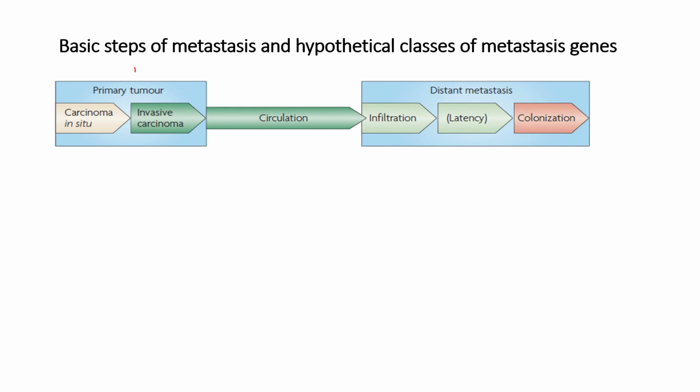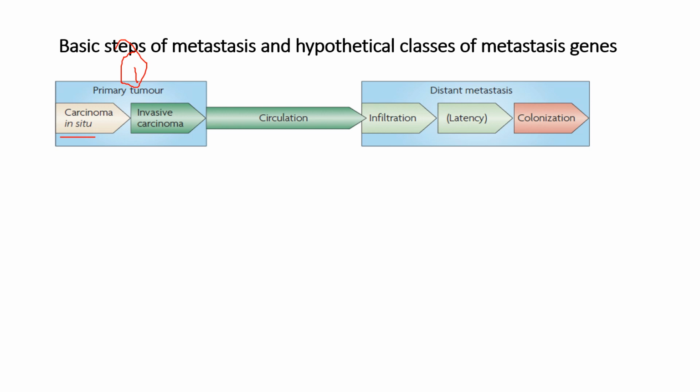So summarizing, we just talked about the first step, the basic primary tumor, that it goes from a carcinoma, a transformation from a normal epithelium to a cancerous epithelium that occurs in situ, in the place where the epithelium is generally located, and it becomes invasive. What you need to do is break the basement membrane.